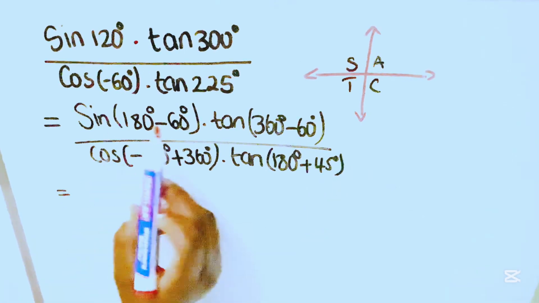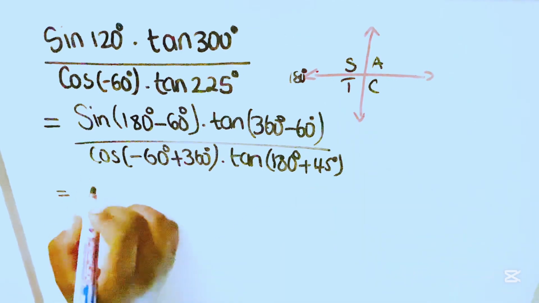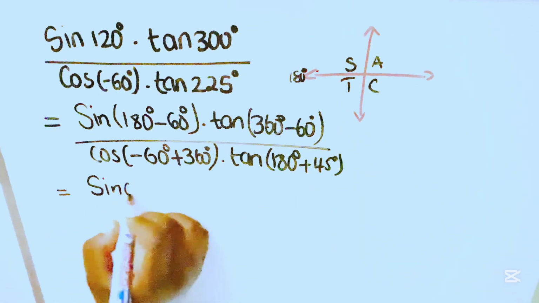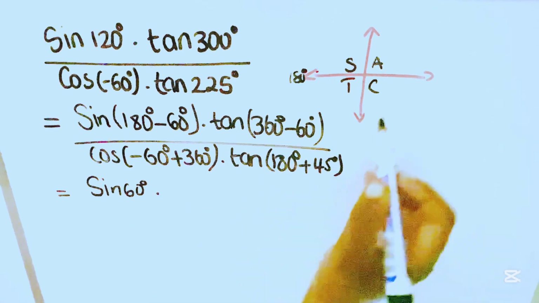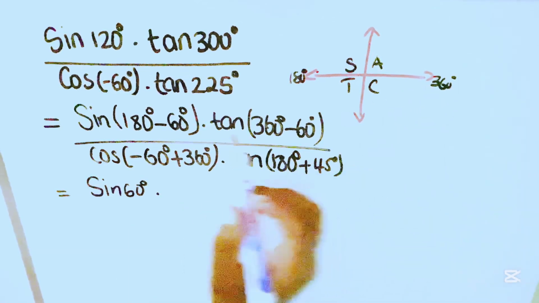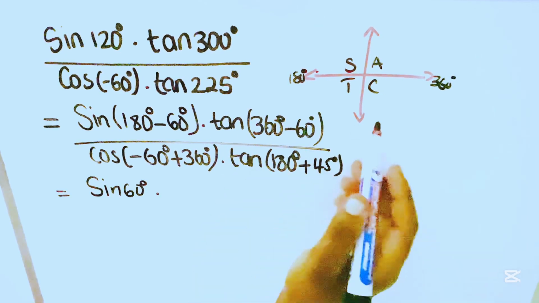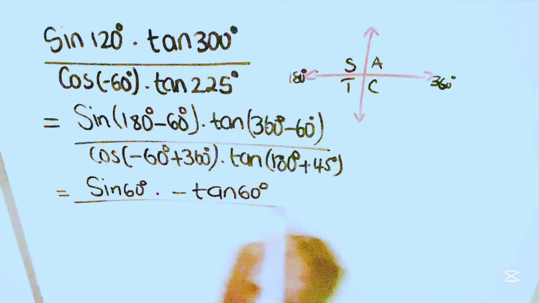We have the 180 degrees minus 60 in the quadrant where sine is positive, so we'll have the sine 60 multiplied by tan of 360 minus 60, which is in the fourth quadrant where tan is negative, negative tan of 60 degrees.